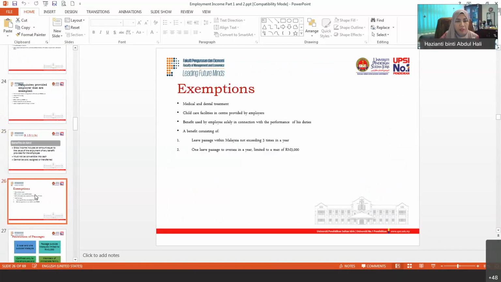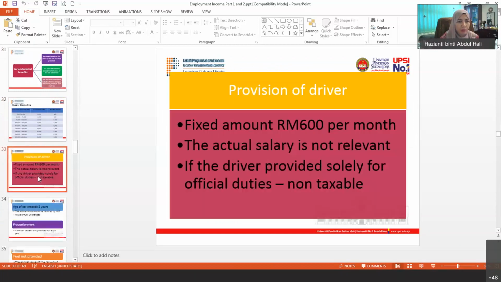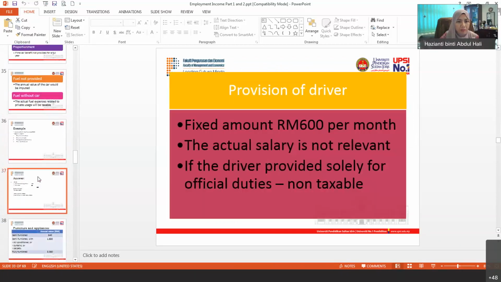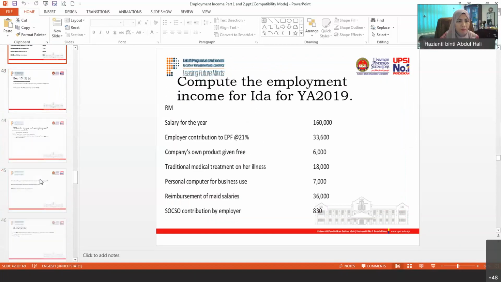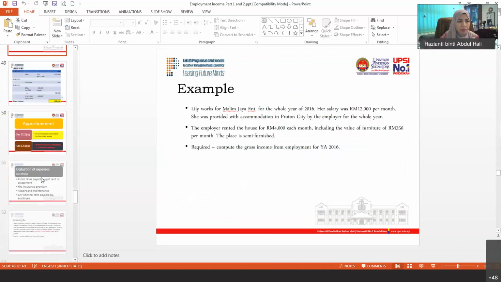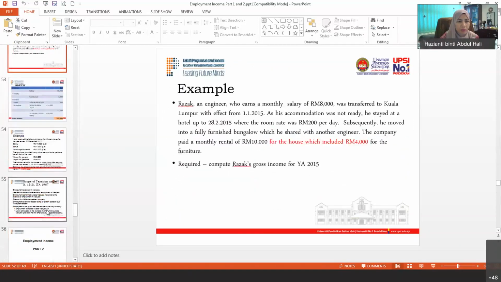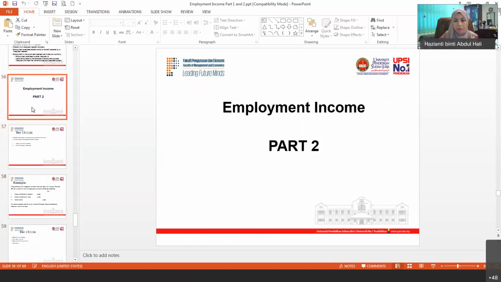Alright, so these are the exemptions for 13(1)B, medical and dental, childcare facilities and benefits by employee. Okay, the driver. I think I've added somewhere. Yeah. Alright, so this is our part 2.